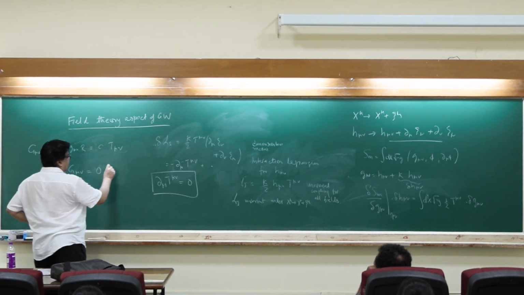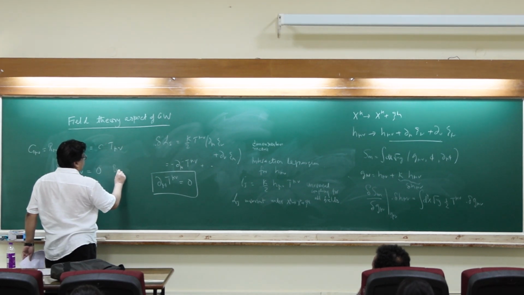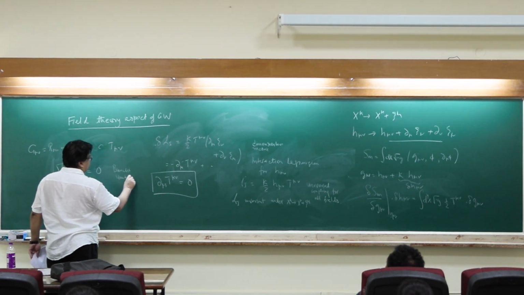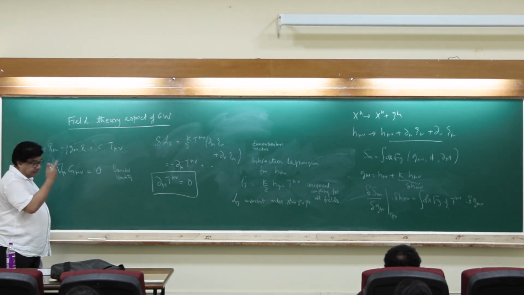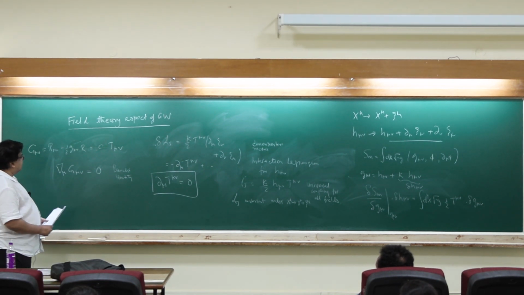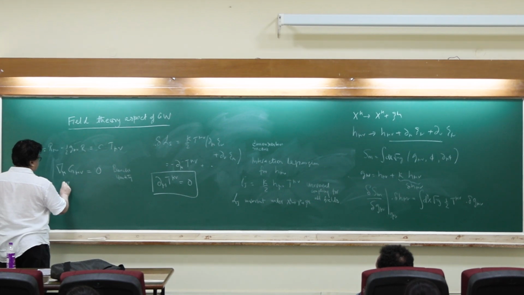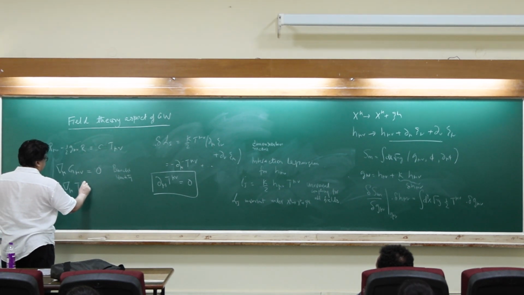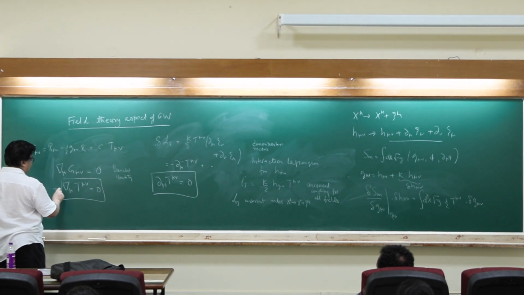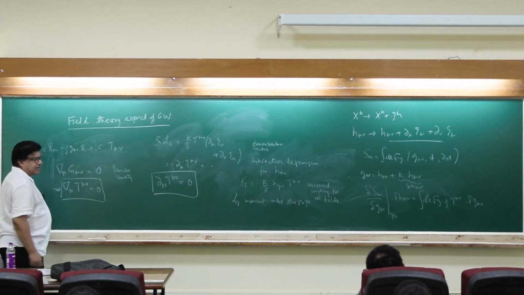This is called a Bianchi identity. So the left hand side is 0, which means this is 0. So in GR, this is the conservation of stress tensor.